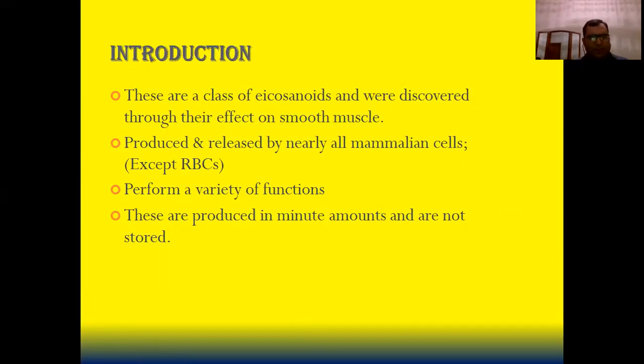So now we will introduce prostaglandin to you, what prostaglandin is and how it is formed. These are a class of eicosanoids and were discovered through their effect on smooth muscles, produced and released by nearly all mammalian cells, and perform a variety of functions.